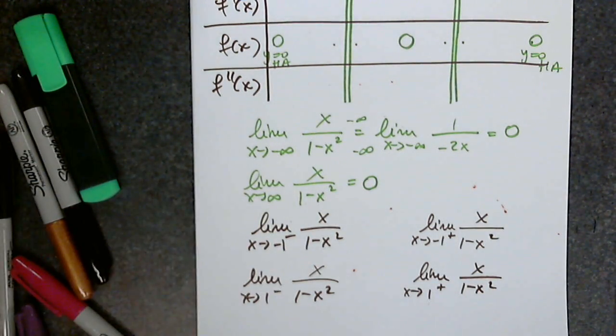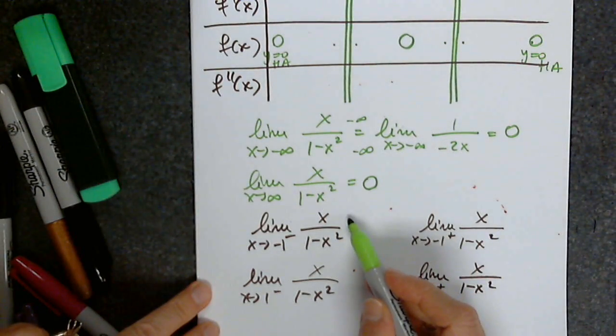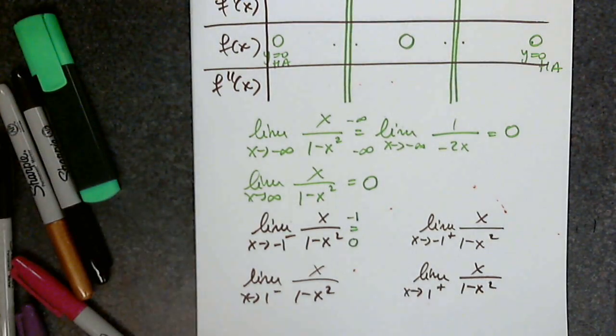As x approaches -1 from the left, the top is -1, and the denominator is 0. We know that. That's why those are vertical asymptotes. Okay, very good. So -1 from the left is like -1.1.